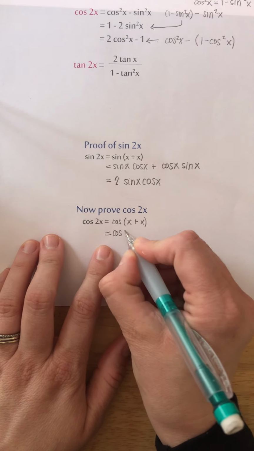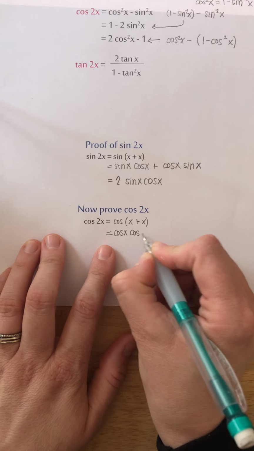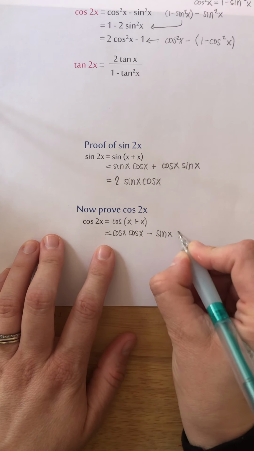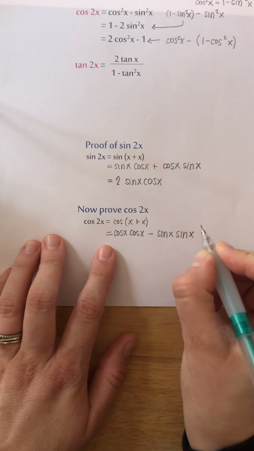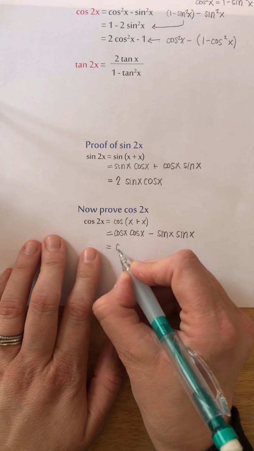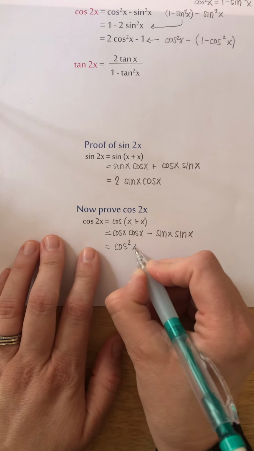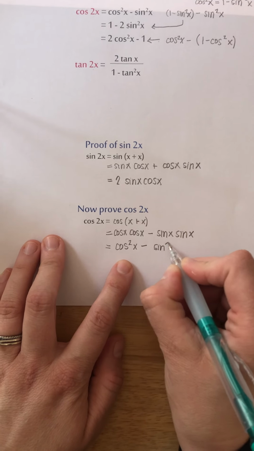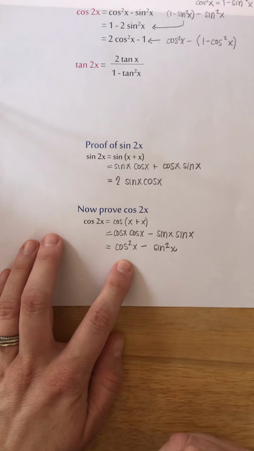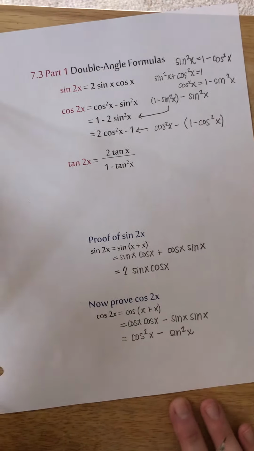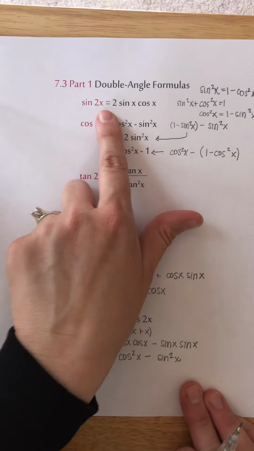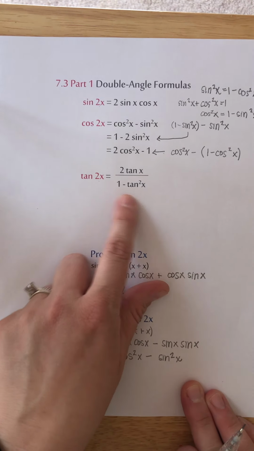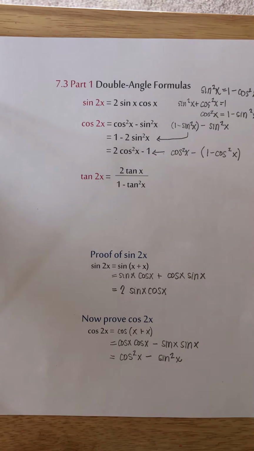So Charleston County Schools stink, and cosine x times cosine x is cosine squared x, and sine x times sine x is sine squared x, and there you have it. So really, just memorize, obviously, the sine of 2x, memorize the first one for cosine of 2x, and then know the tangent one as well.